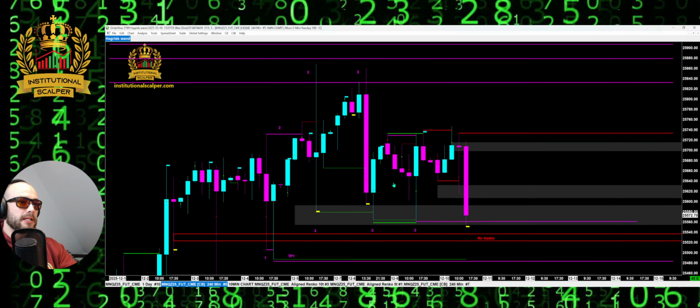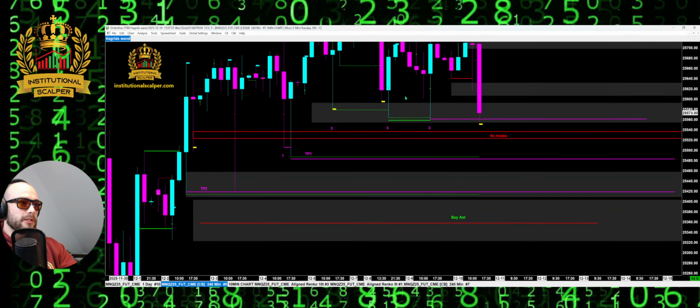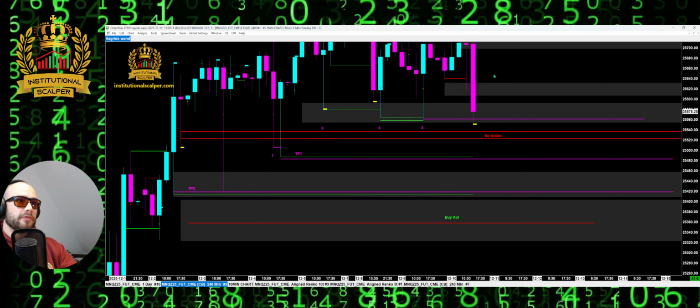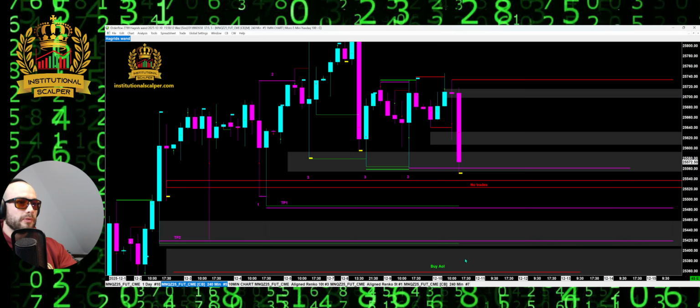as on the daily, the only real area of interest for the algos, in my opinion, is sort of down here in this buy area of interest. We've got first take profit, second take profit, delta held over here on the left, and a bunch of gold zones. So I think before we move on up, we've got to move on down.